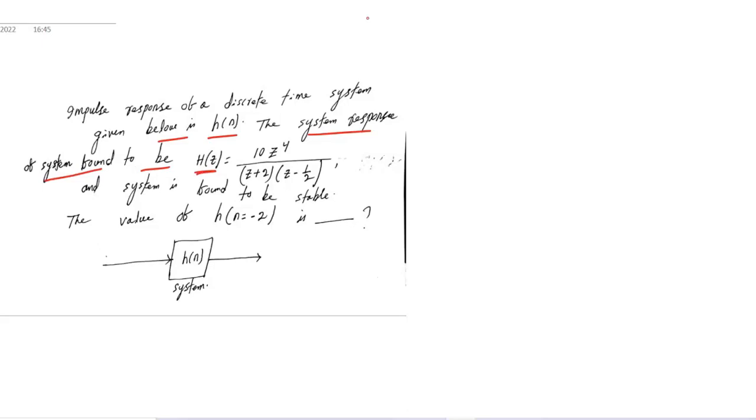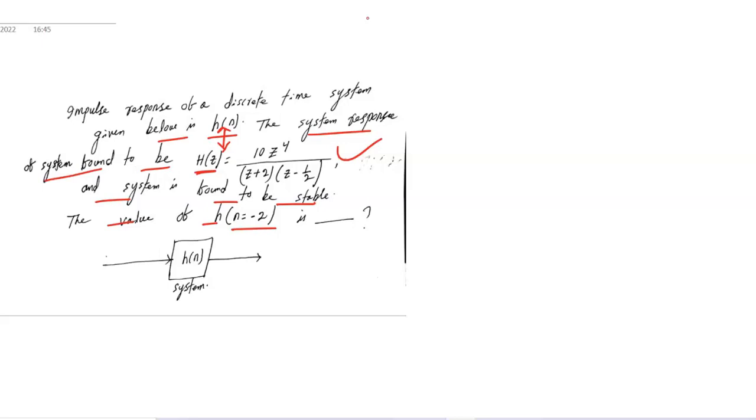H(z) equal to, these two are a transform pair, 10 z to the power 4 upon z plus 2 and z minus half, okay, and the system is found to be stable. The value of h(n) evaluated at n equal to minus 2 is?